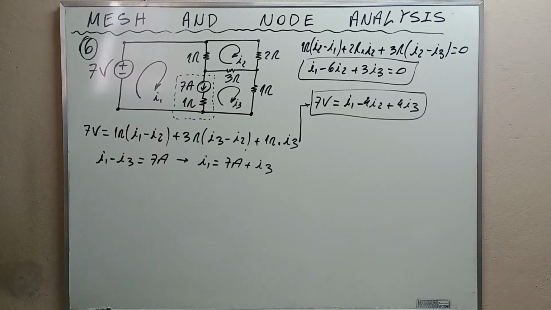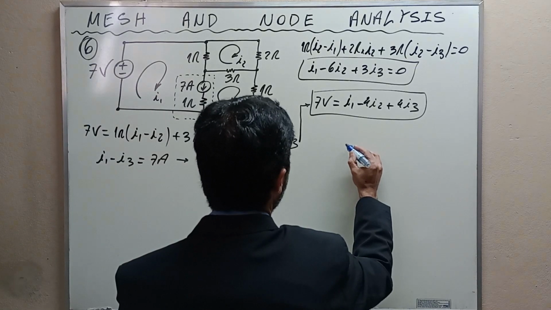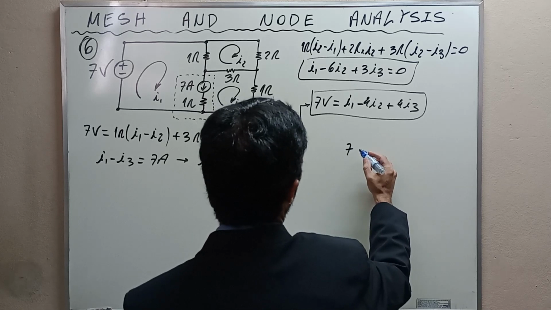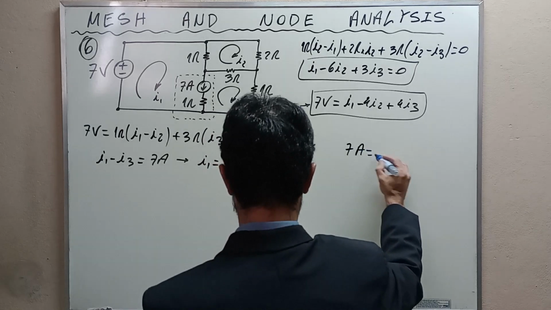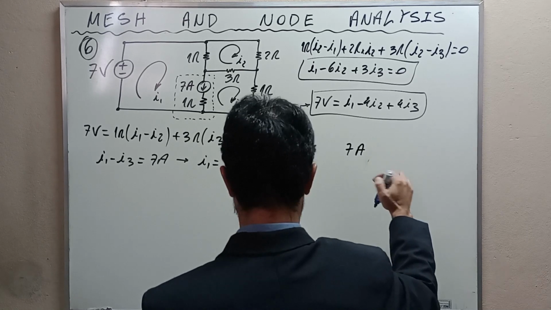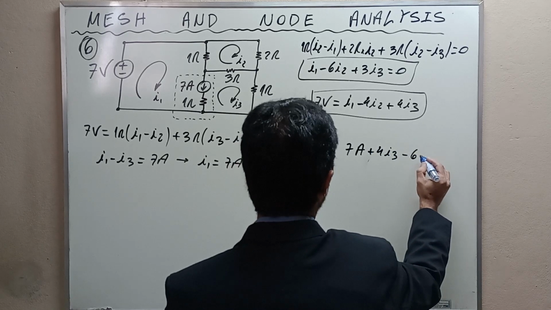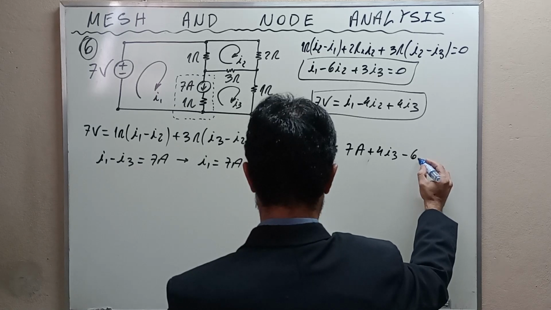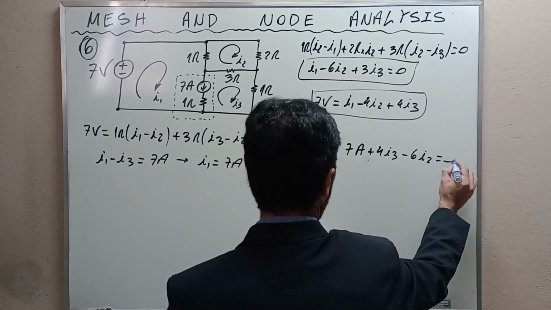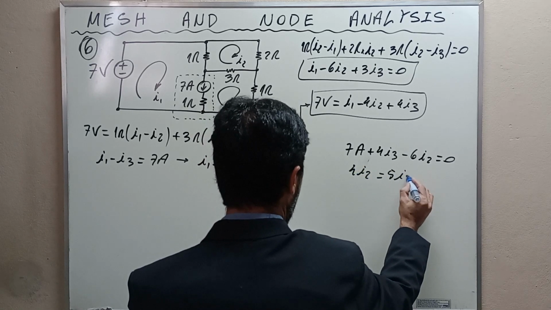And if we do this, we're going to find that 7 amps is equal to 7 amps plus 4I3 minus 6I2 equal to 0, and 4I2 is equal to 5I3, okay?